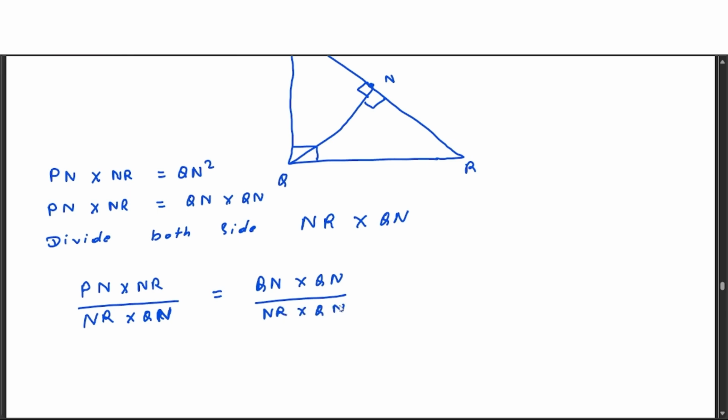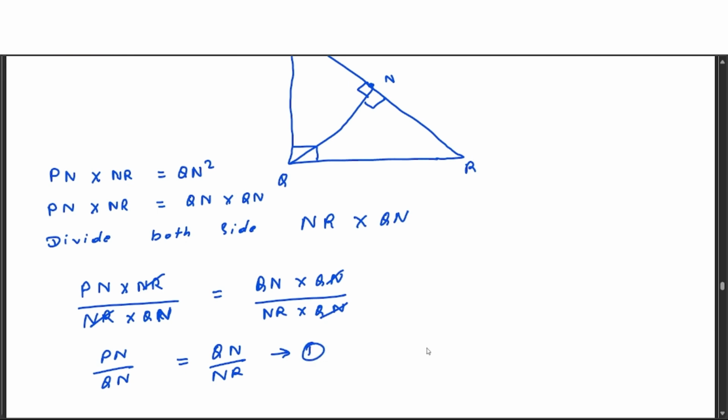So you can say this QN cancels, NR cancels. So you will get PN over QN is equal to QN over NR. This is your equation 1.